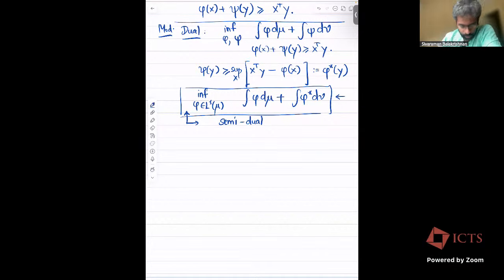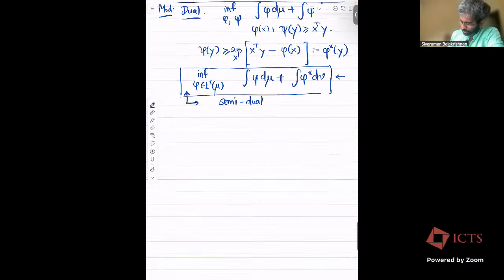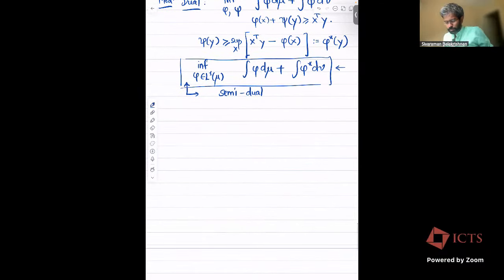Okay, and maybe I will now tell you a fact. I will not prove it. It's not very difficult to prove, but takes some effort. I promised you at the beginning somewhere that there are some relationships between primal and dual objects.